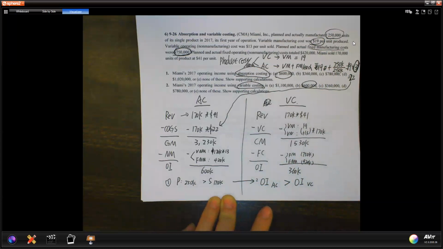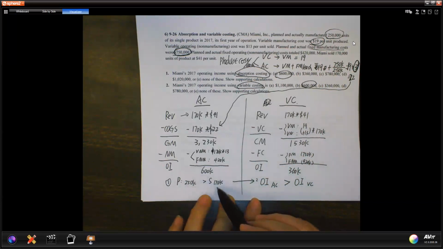Because part of the cost in absorption costing is deferred, because you still have 80,000 units that are not sold. So the allocated fixed manufacturing costs haven't been expensed. They are still deferred as your inventory. They haven't gone to your income statement. They still stay on your balance sheet as the deferred cost.